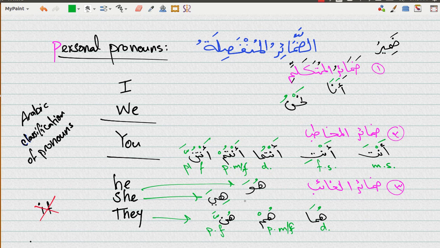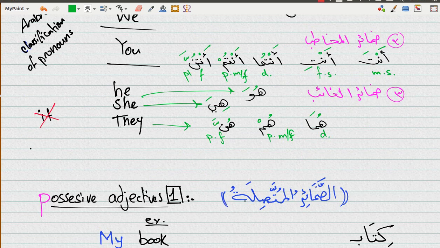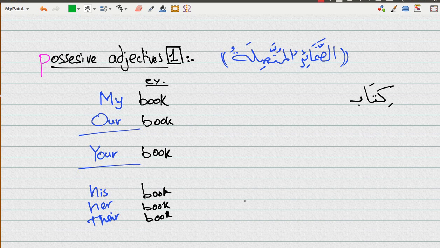Okay? Okay, so why am I talking about personal pronouns? Because these pronouns have another form in Arabic, and they are the attached forms, and we use these pronouns as possessive adjectives, but in Arabic they're not considered adjectives like in English.